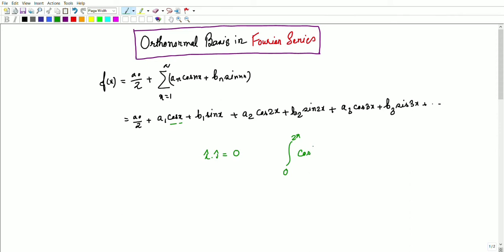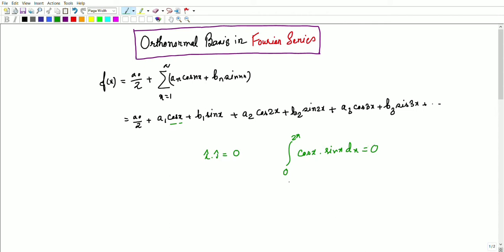Suppose we are talking about the orthogonality of cos x and sin x: the integral of cos x sin x dx from 0 to 2 pi is giving 0, meaning cos x and sin x in this period are orthogonal to each other.